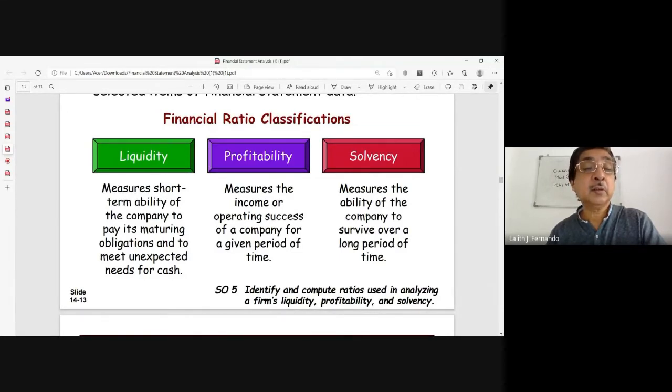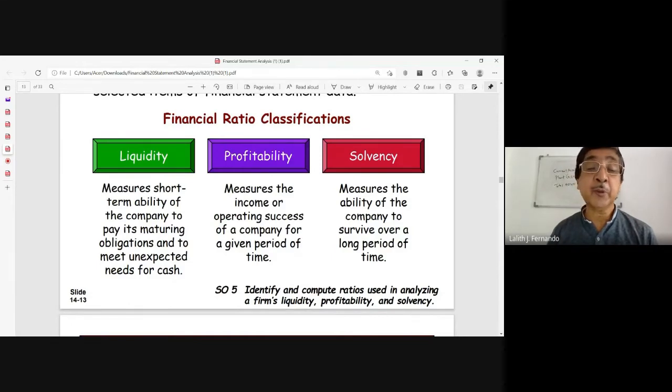Under liquidity, we do some analysis on ratios, then profitability, then solvency. All these three concepts are very much important for an organization. Its existence, its growth, all these things are based on liquidity, profitability, and solvency.